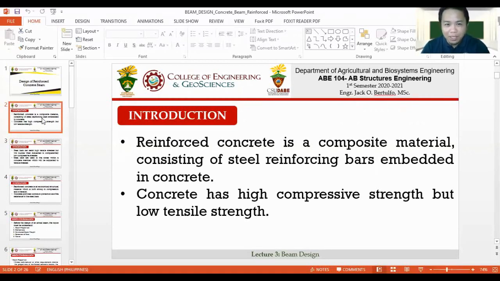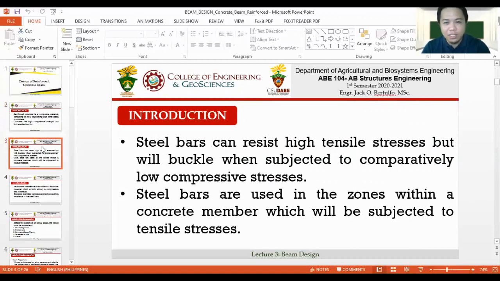Okay, so remember that statement, because as we go through, or I think in the next slide, we will compare that statement. Steel bars can resist high tensile stresses, but will buckle when subjected to comparatively low compressive stress.